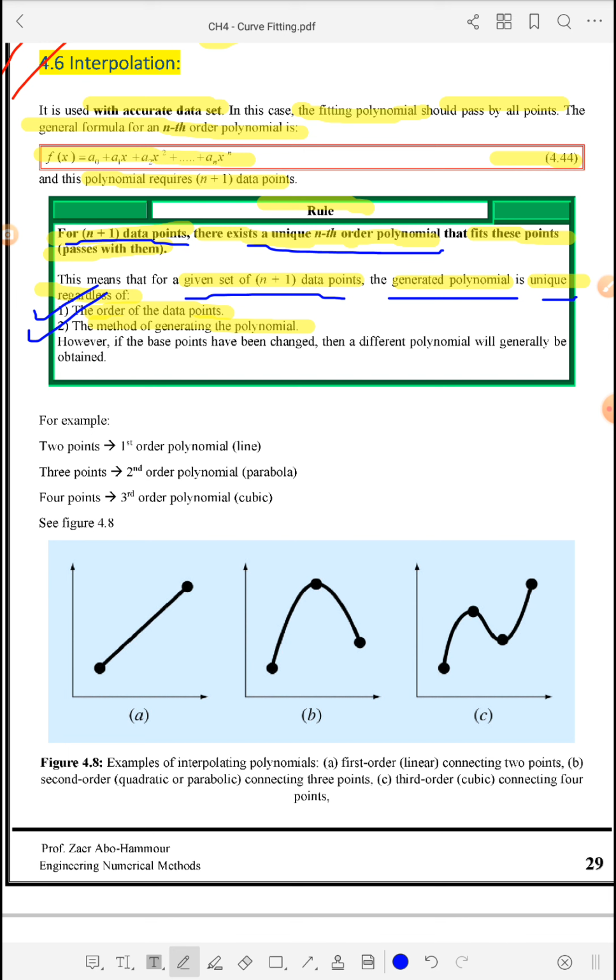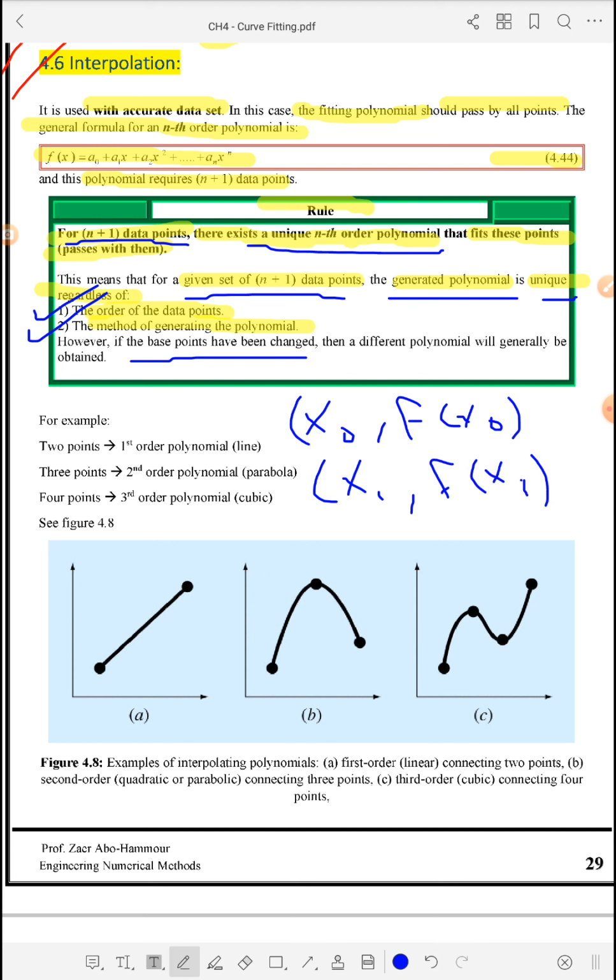And when we keep changing the data points, we mean we are shuffling the pairs as they are given. We are not changing the base points. So what does this mean? Assume that we have x naught, f of x naught, and x1, f of x1, okay?